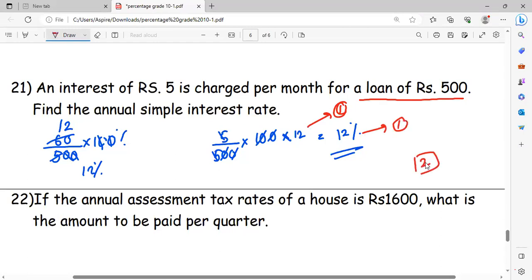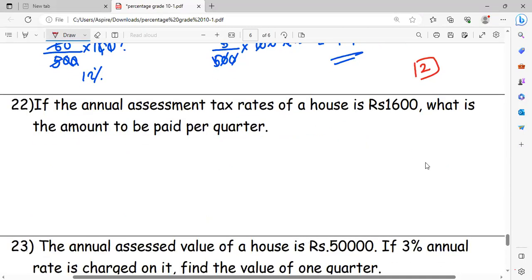Okay. If the annual assessment tax rates of a house is 1,600, what is the amount to be paid per quarter? Again, it is a repeated question. අපි ඒක කලින් හෙව්වා නේද? It is 1,600 should be divided by 4.